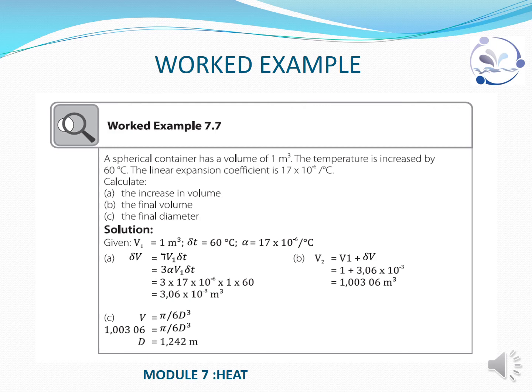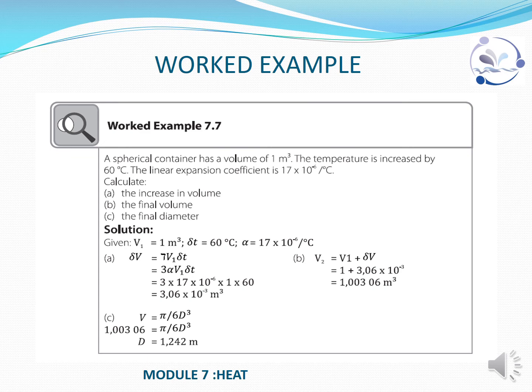Again, here we are given our linear expansion in per degrees Celsius, so we have to multiply it by 3, because volume works with cubic expansion. Hence 3 multiplied by linear expansion multiplied by original volume multiplied by change in temperature. Again, for our change in temperature, they said increase by, meaning this represents our T2 minus T1.